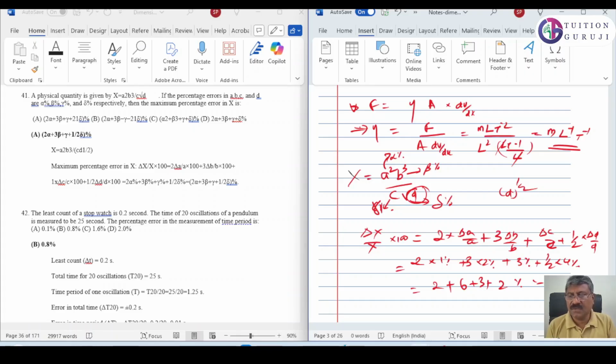But actually, sorry, it is not 1, 2, 3, 4, that was for the previous question. It is alpha, beta, gamma, delta. Therefore it is 2 alpha plus 3 beta plus gamma plus 1 by 2 delta percentage. So the answer is A, that is the answer.